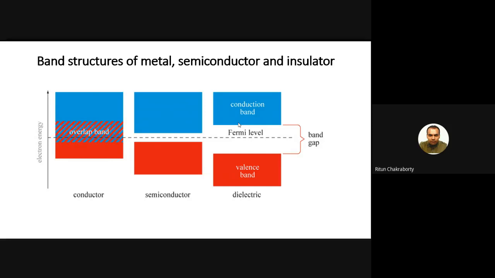Since it is 7 to 9 electron volts, you have to apply a very huge amount of energy for an electron to be excited from the valence band to the conduction band, and that is why dielectrics or insulators do not conduct electricity.